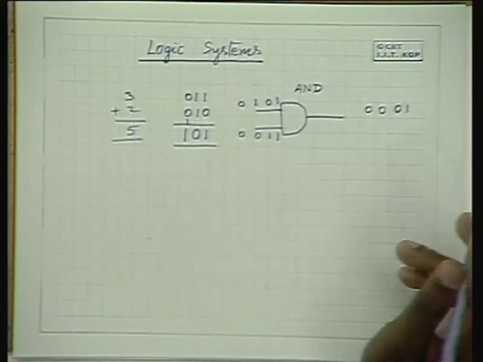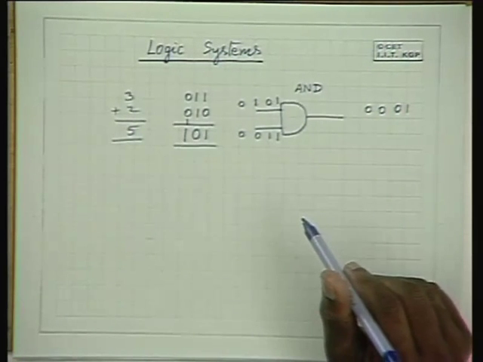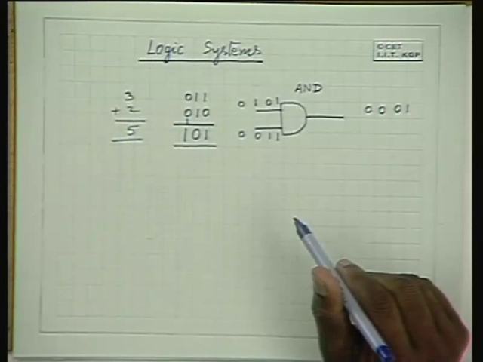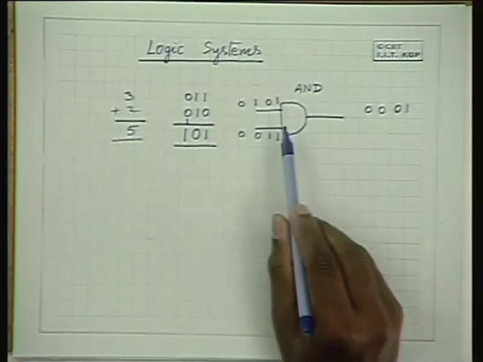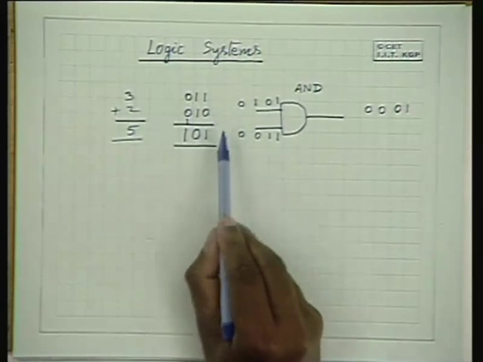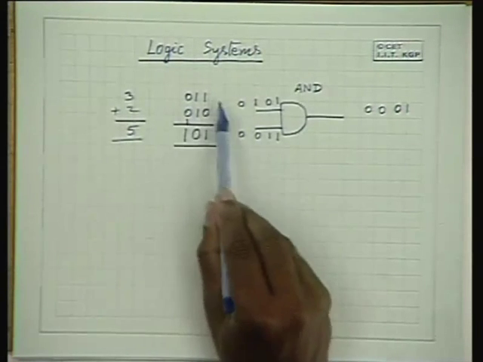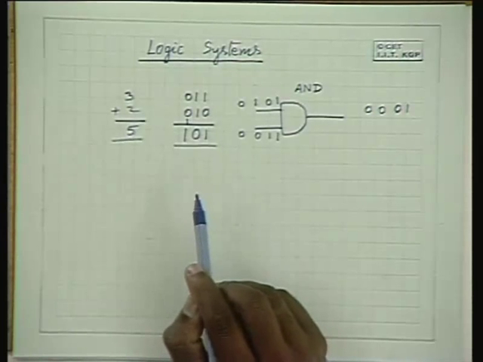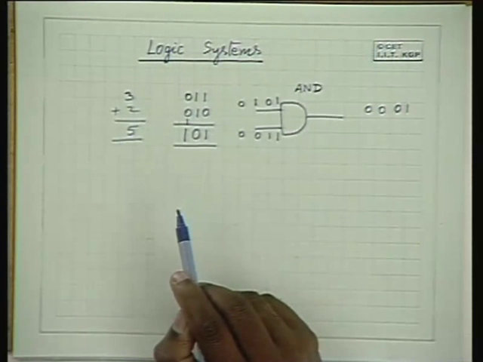It can also be built with diodes and resistances. And when you use several such gates, the combinations of such gates, you can make circuits which can do additions and which can do multiplications.